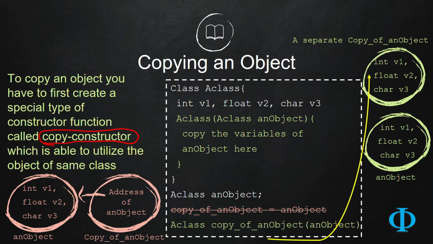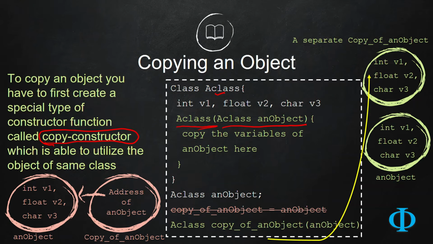So what is a copy constructor? A copy constructor is a special type of constructor function. Constructor function means the function which has the same name as that of the class. But this special type of constructor takes the object of the same class as a parameter.